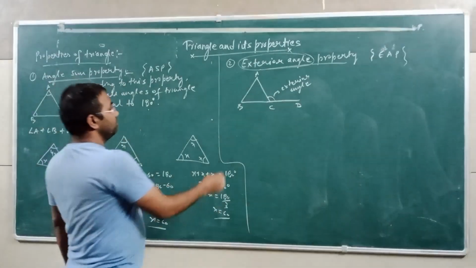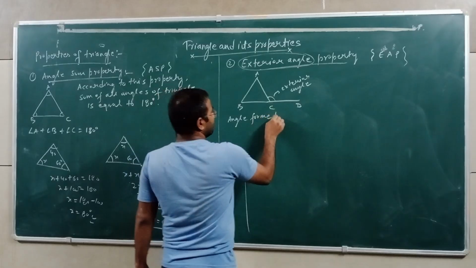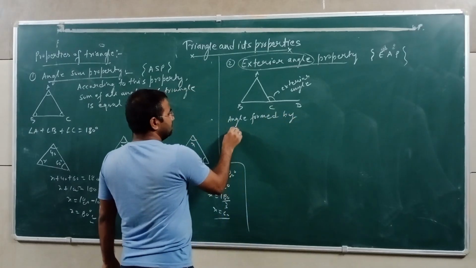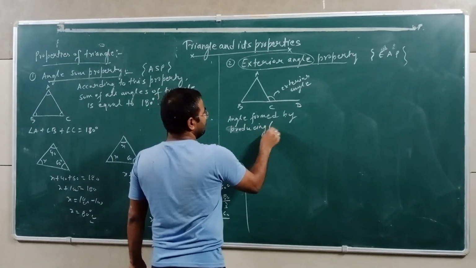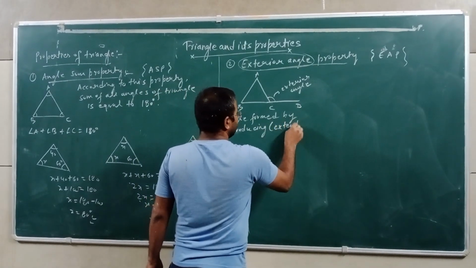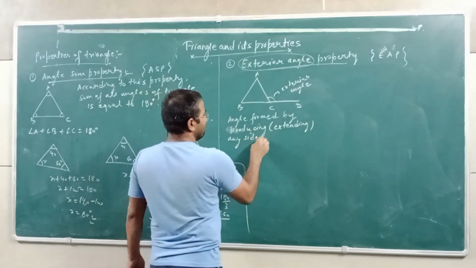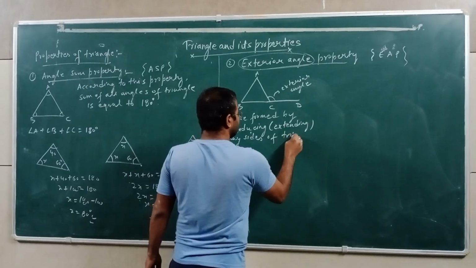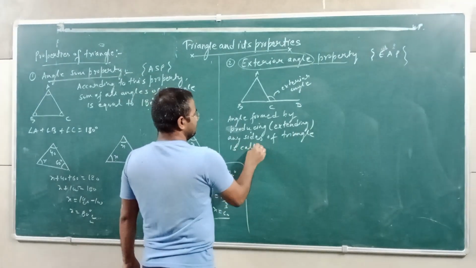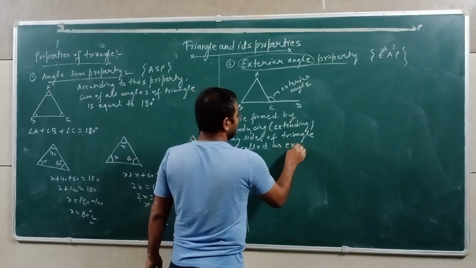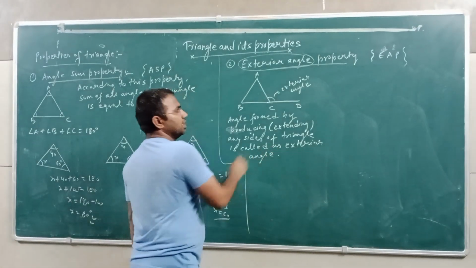Okay. So here you will write: the angle formed by extending, producing means extending, any side of a triangle is called an exterior angle.